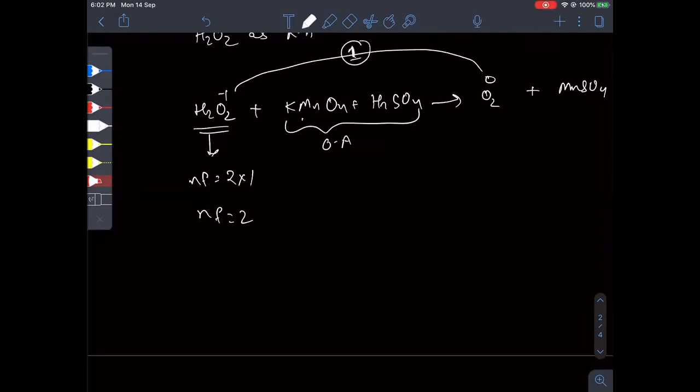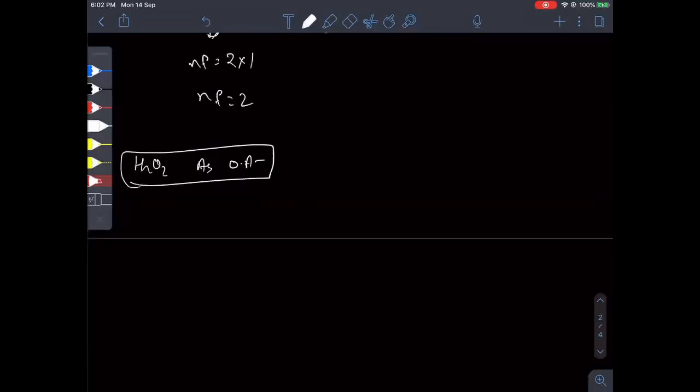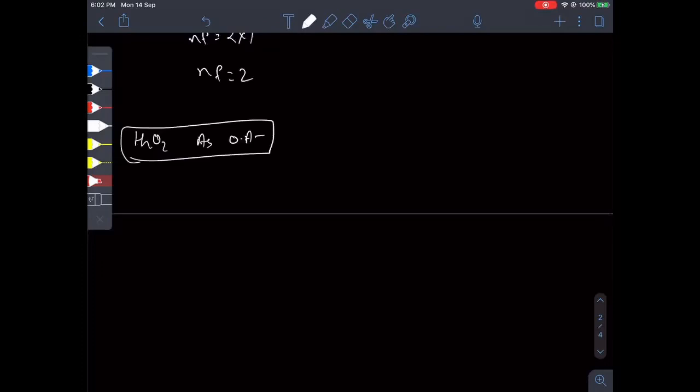Now similarly, let's see H2O2 as an oxidizing agent, which is its most common reaction. There are many reducing agents in front of it. You can take any example, say for example H2S. H2S will form sulfur, and H2O2 from -1 will go into H2O, which is -2.